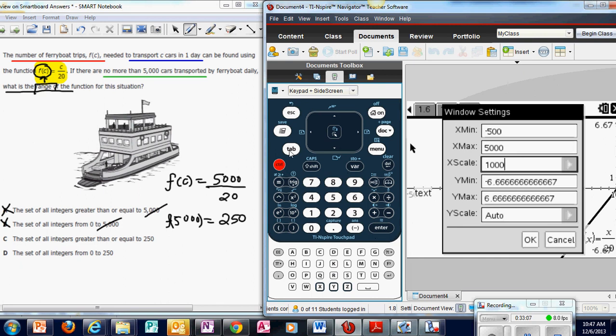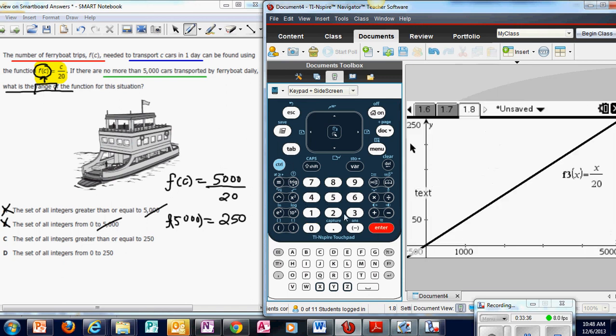Now for the Y values, we just said 250, so for the minimum we'll drop the 0 and go to negative 25, and we'll go up to 250. Tab, and we're going to count tick marks by 50s.